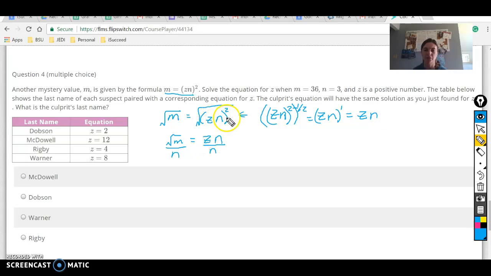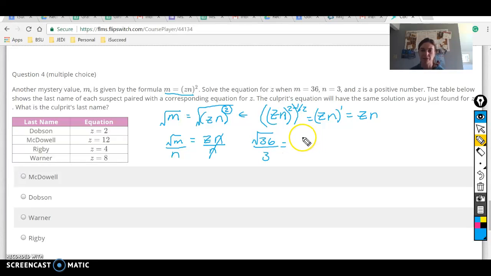So to undo something like squared, you would take the square root. If this were cubed, you would take the cube root, and that's how you undo those. So now those n's are going to cancel out, and if m is 36, I'm going to plug this in, the square root of 36 over 3.